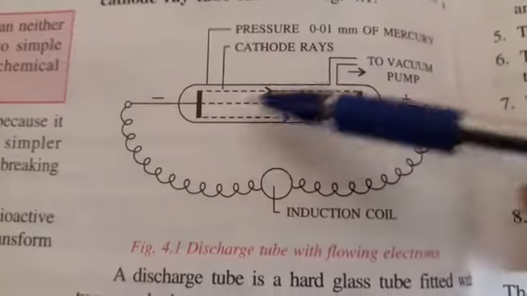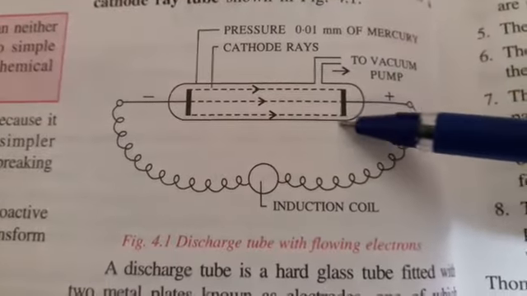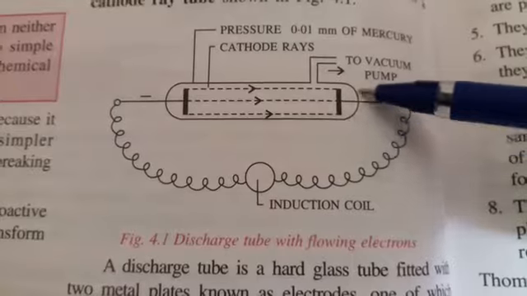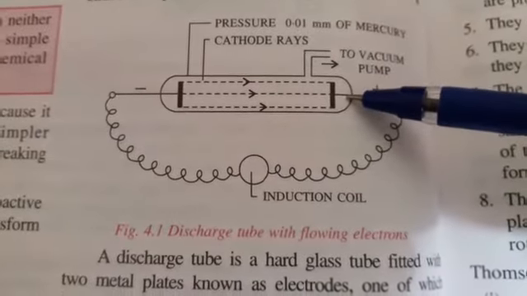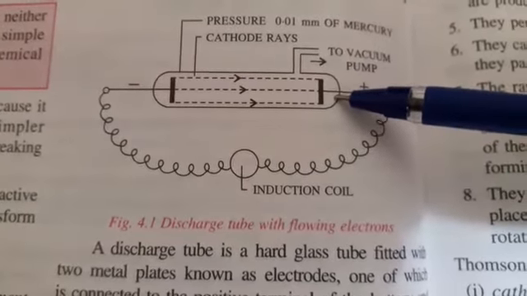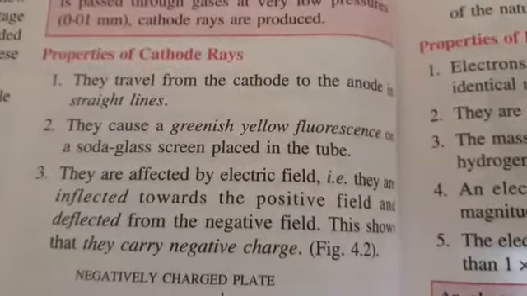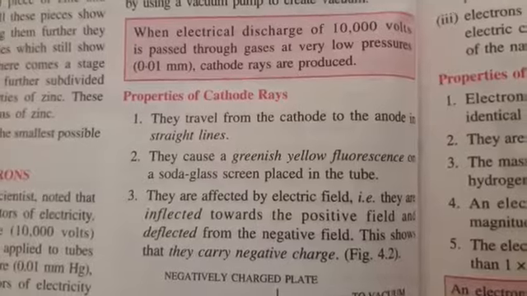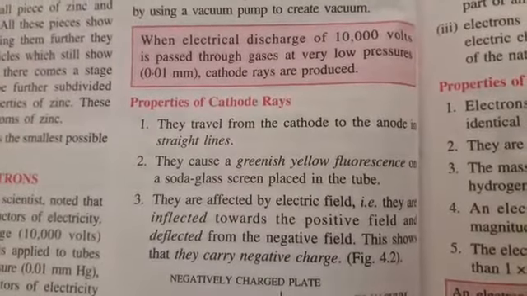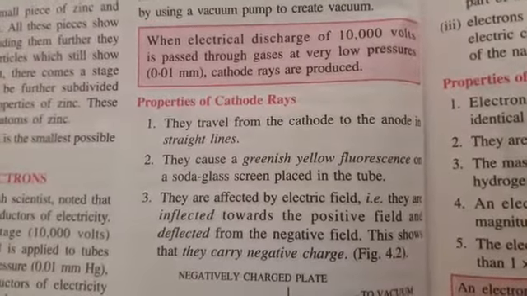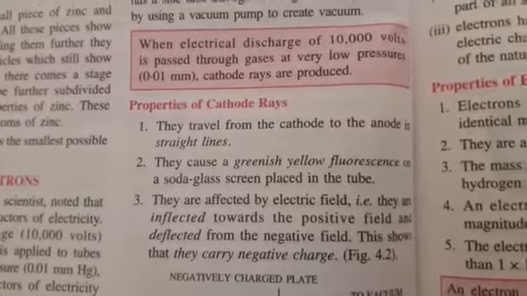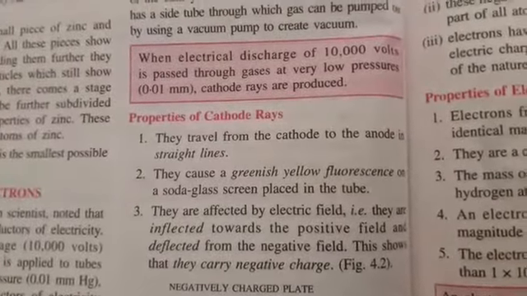So when cathode rays strike these sides of the glass from inside, a sort of fluorescence will be observed. So when cathode rays are striking this soda glass screen, then a greenish yellow fluorescence is observed.